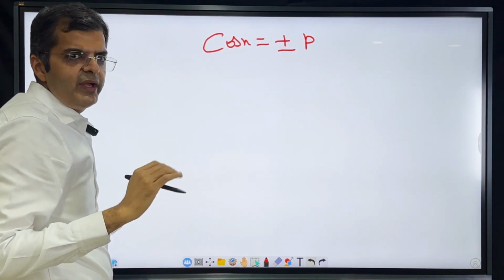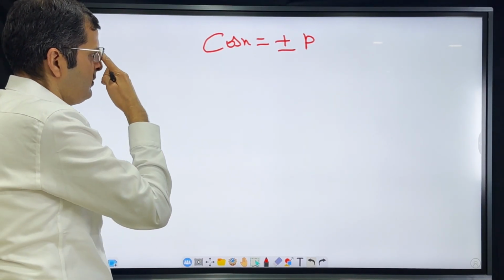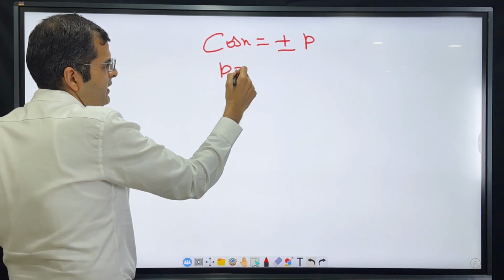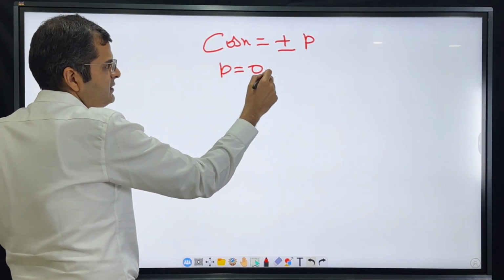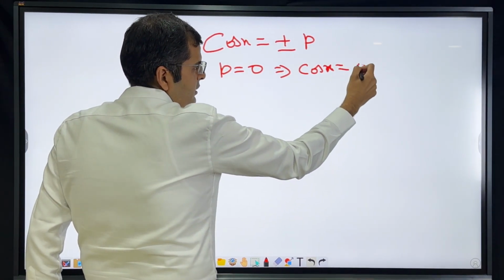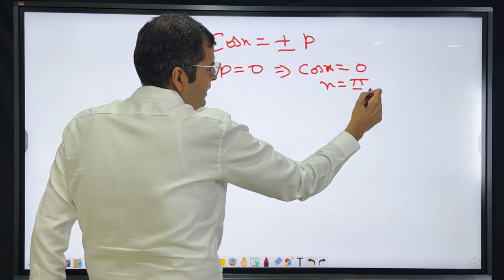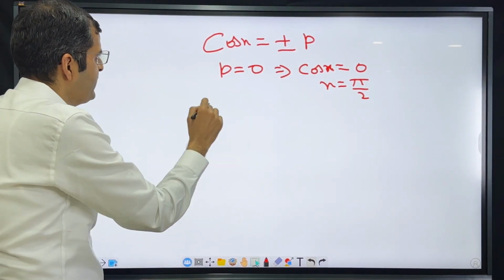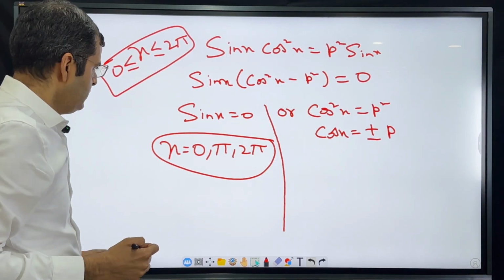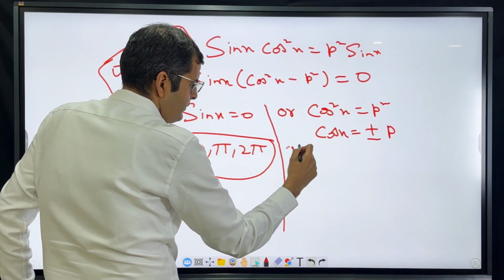Now, first of all, we have to look at condition by condition. The first condition is that if p is 0, what do I get? Cos x is equal to 0, so x is pi by 2 in that range, because x lies between 0 and 2 pi, including 0 and 2 pi.